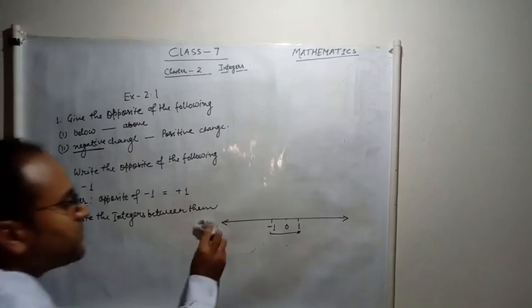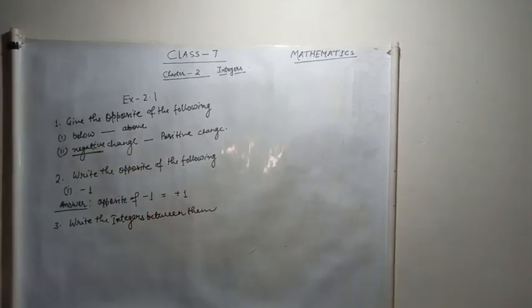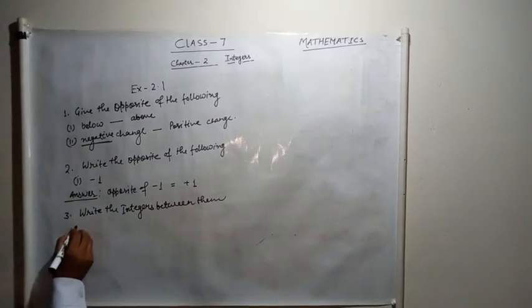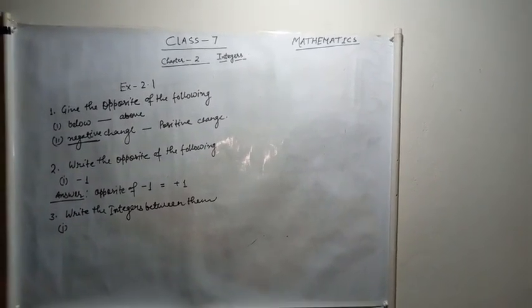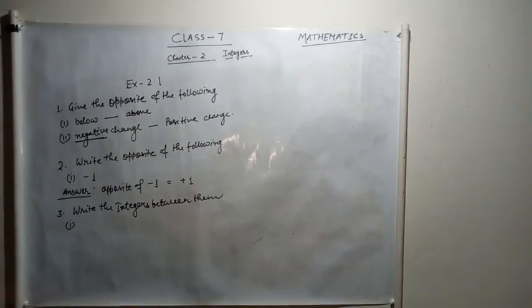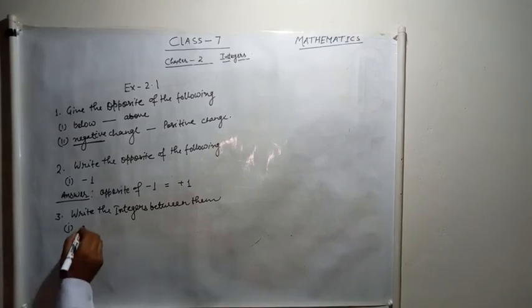Write the integers between them. The first question is 7 and 8.